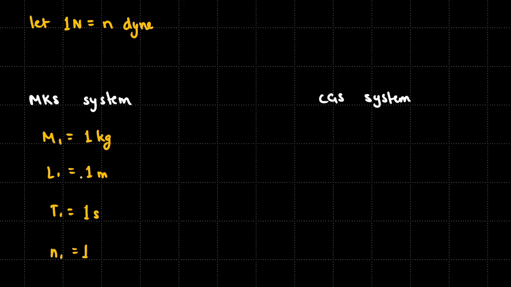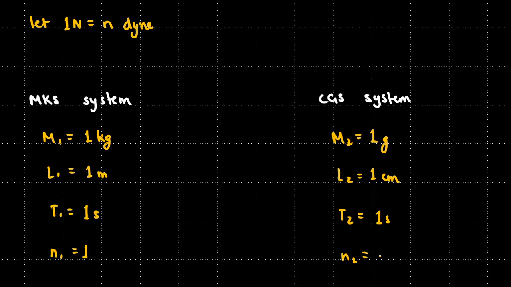It's not that necessary to write 1, but we are just writing it to be sure. So here M2 is 1 gram, L2 is 1 centimeter, T2 is 1 second, and N2 is n.